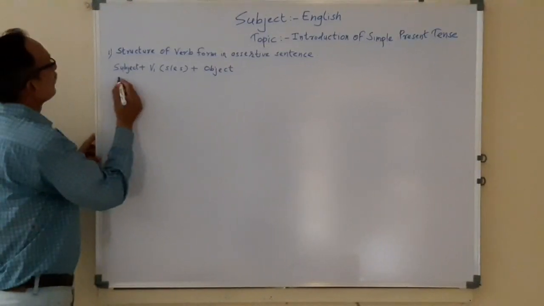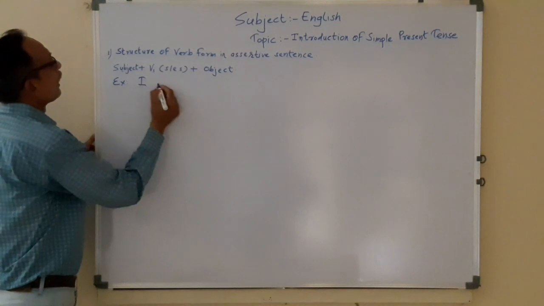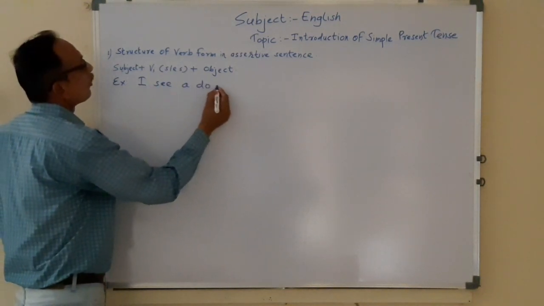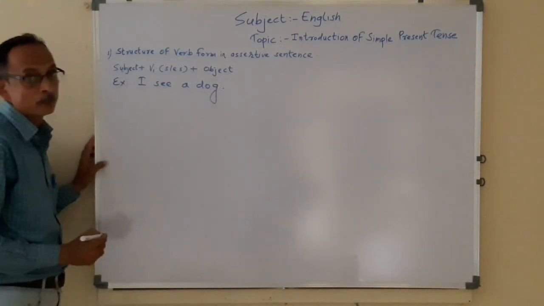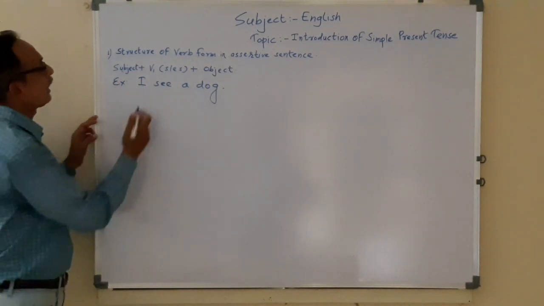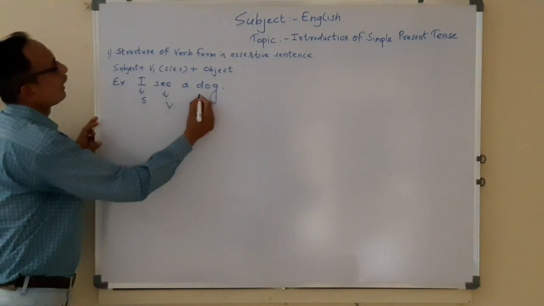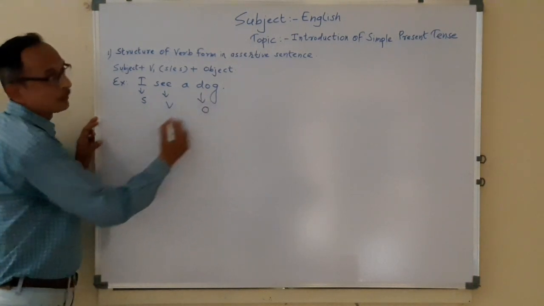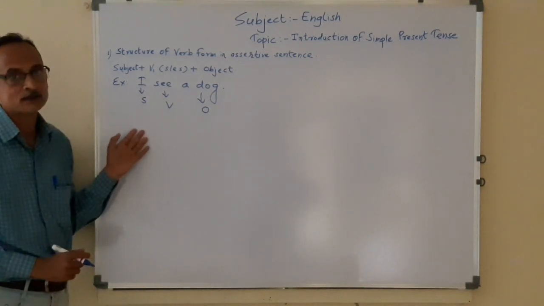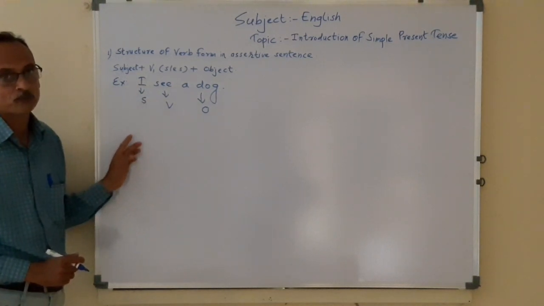So I write an example: I see a dog. Now you can analyze this sentence: I is the subject, see is the verb, and dog is the object. This is a simple assertive sentence that is built with this structure.